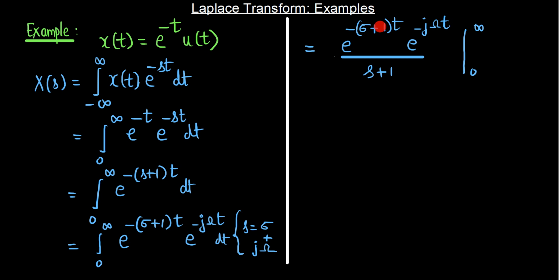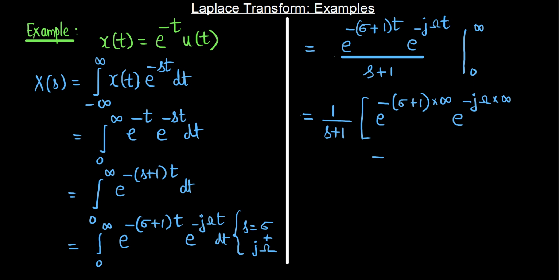That means, let's suppose if I try to replace these values here, so it is going to be 1 upon s plus 1 e power minus sigma plus 1 times infinite and e power minus j omega times infinite. So upper limit minus the lower limit. So if I replace that with lower limit, so it is going to be minus sigma plus 1 times 0 e power minus j omega times 0.